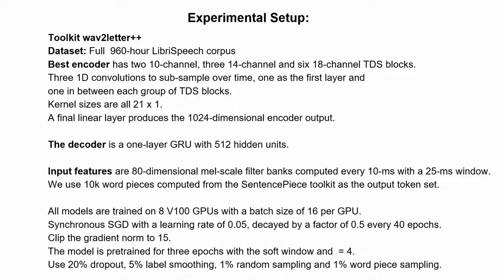So I'll be talking in more detail about the wav2letter toolkit, on which our case study is based. This paper is also from Facebook, so they are using the wav2letter toolkit, and as I mentioned earlier, for better comparison, the 960 hours LibriSpeech corpus is being used, and there are some other parameters related to channels and 1D convolutions which are mentioned here.